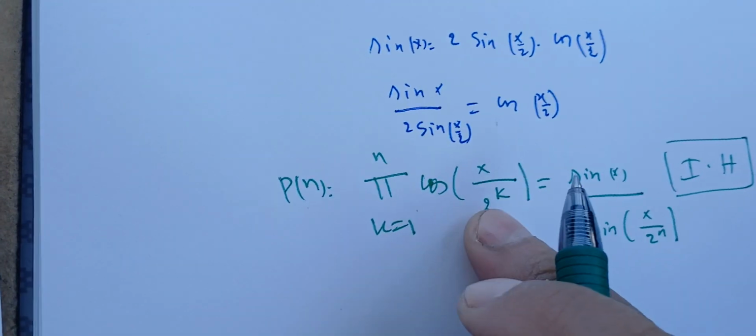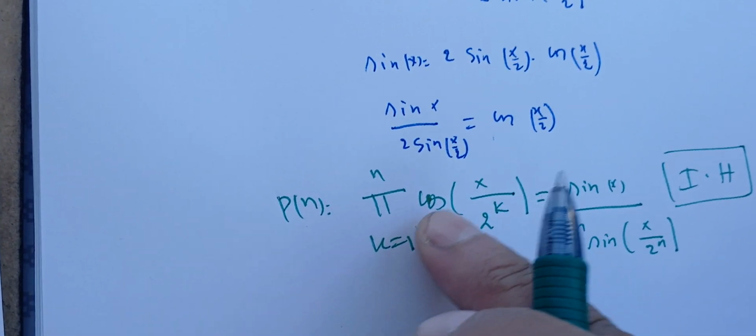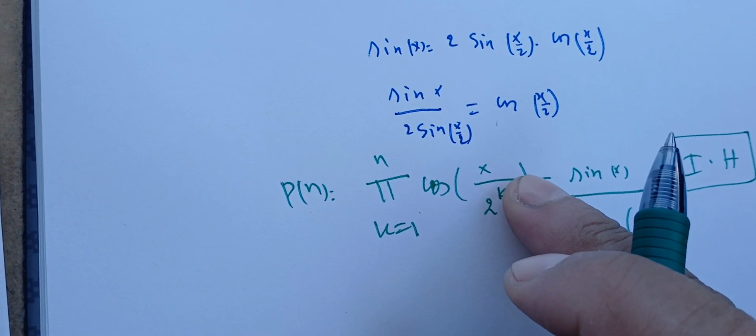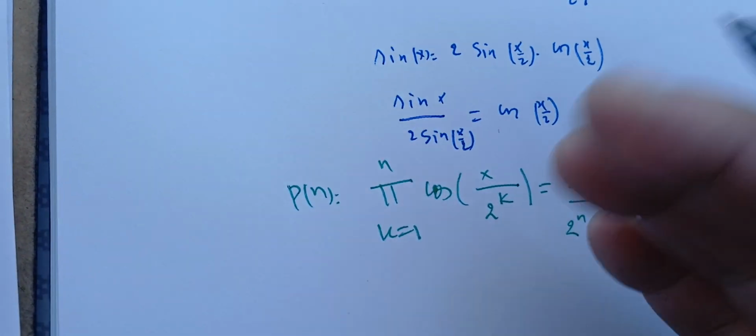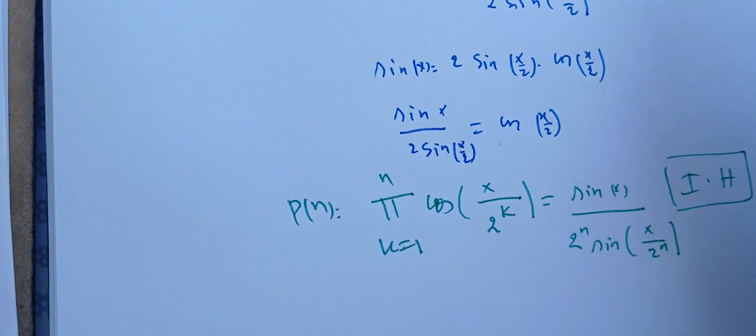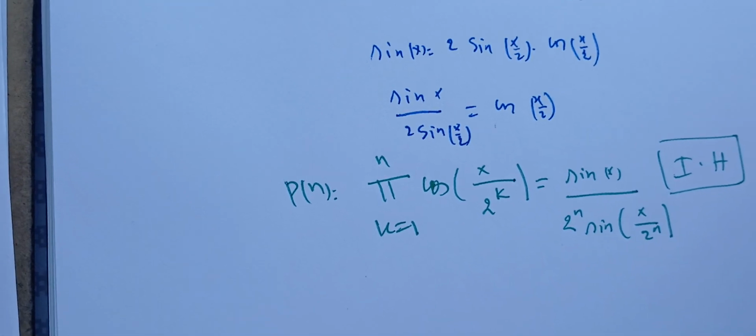It's true for some n that we fix, and we want to prove that P of n plus 1 is true. So we want to link the induction hypothesis with P of n plus 1.